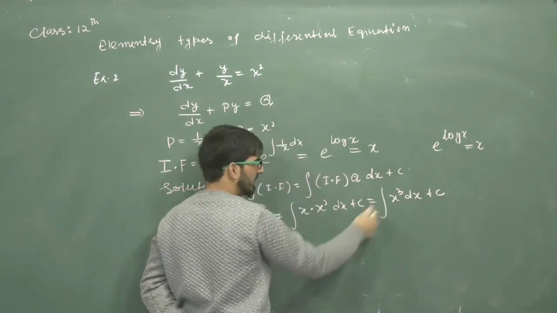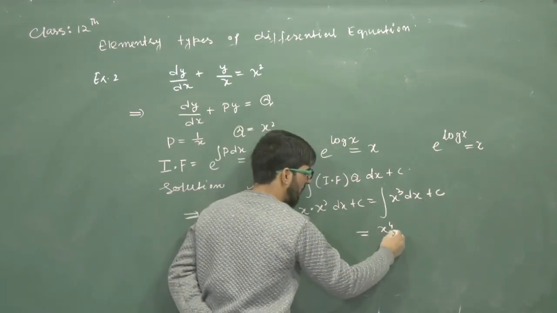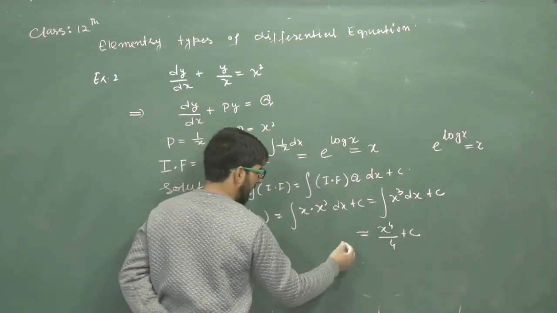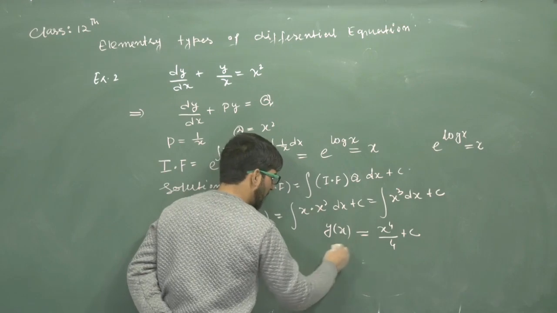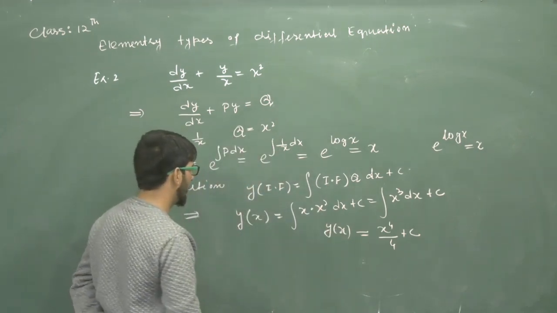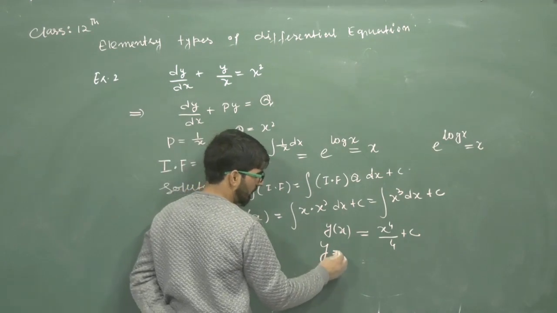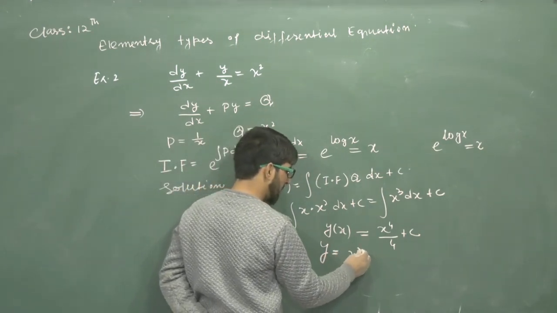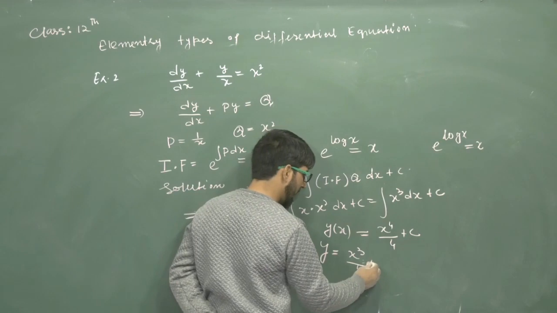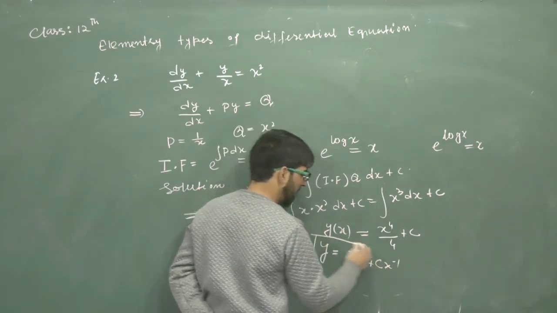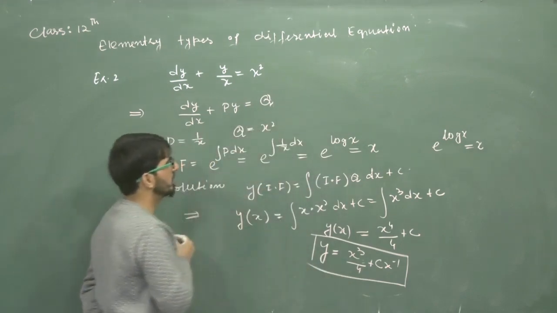What is the integration of x cube? x raised to power 4 by 4 plus c. Therefore y into x is equal to this. Dividing throughout by x, we get y is equal to x cube by 4 plus c times x raised to power minus 1 will be the solution of this differential equation.